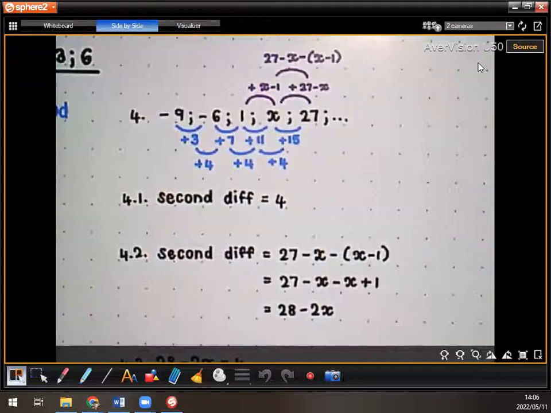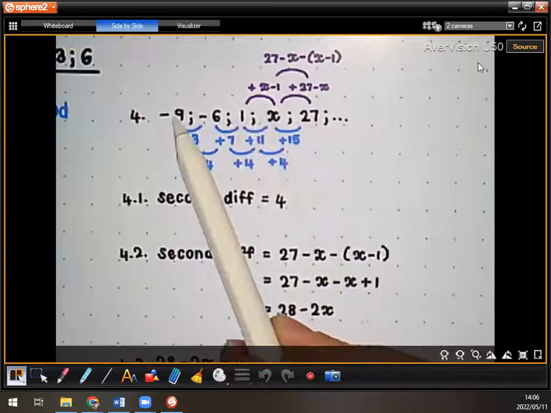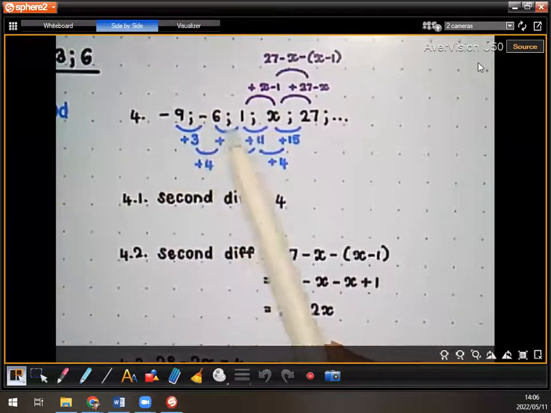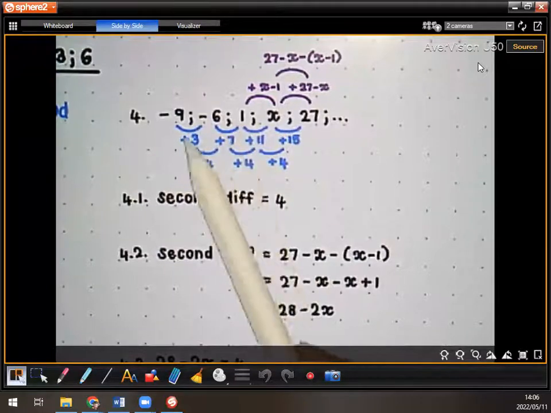So I'll talk through the purple stuff that I did up here, which I had to do because of the way that they asked the question. But if they just gave you this number pattern and said, find x, you could have just done it by looking at the numbers. So I'm going to say again: from -9 to -6, you're adding 3. From -6 to 1, you're adding 7. The difference between 3 and 7 is 4.